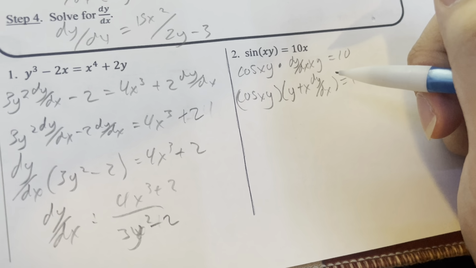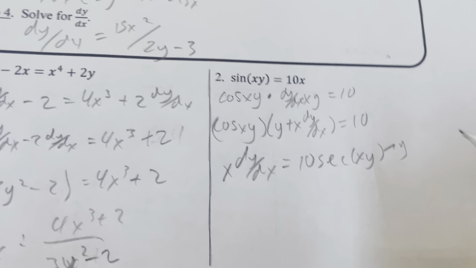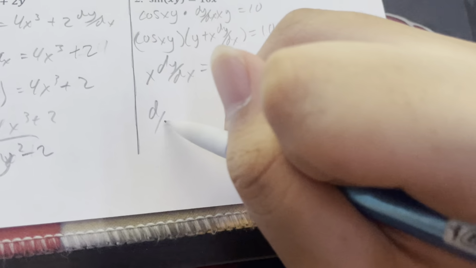Then you bring all terms with dy dx to the left side, everything else to the right side, which will be x dy dx equals, since you're dividing by cosine, 10 secant of xy minus y, and you divide it by x, so dy dx equals 10 secant xy minus y, over x.